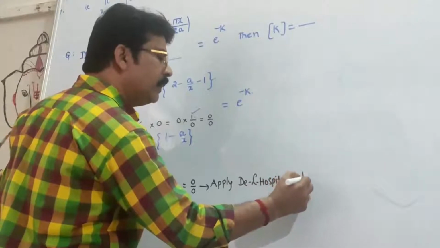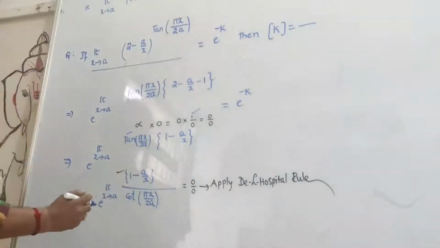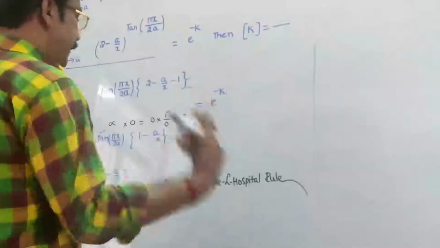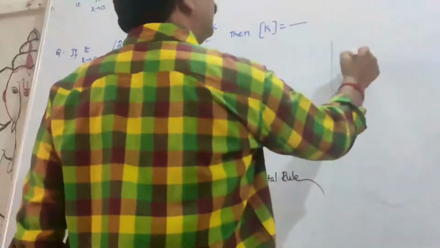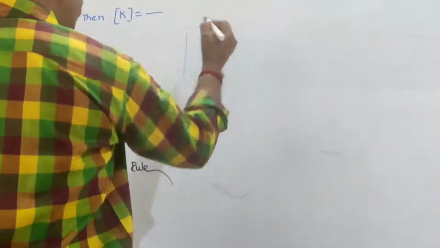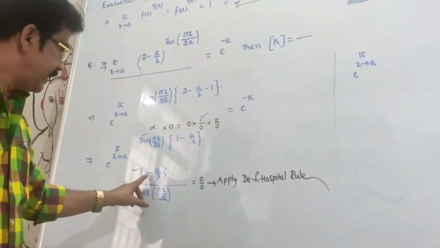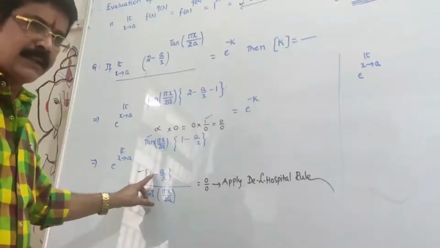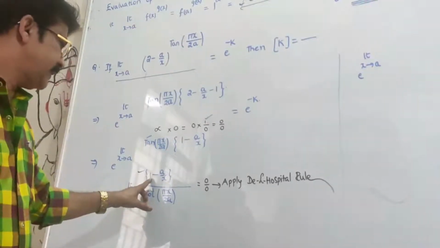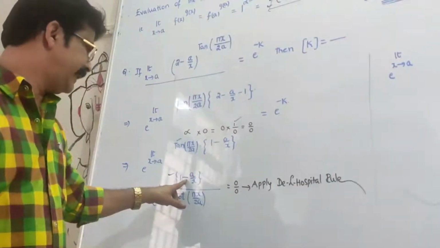Just like that. So therefore e to the power of limit x tends to a of d by dx. Completely this function is in terms of x, that's why we have to differentiate with respect to x. Next, d by dx of (1 minus a divided by x).